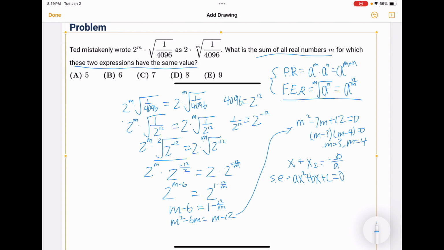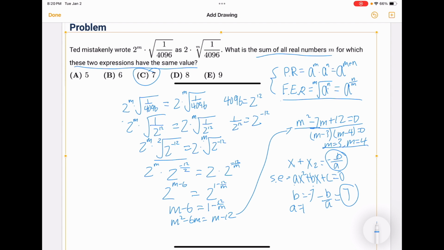Looking back at our equation right here, we see that in the place of the b, we have negative 7, and in the place of the a, we have 1. Plugging negative 7 and 1 into this, we see that negative b over a equals 7. And if you add m1 and m2 up, 3 plus 4 equals 7, and this also gives us 7. So the answer is 7.